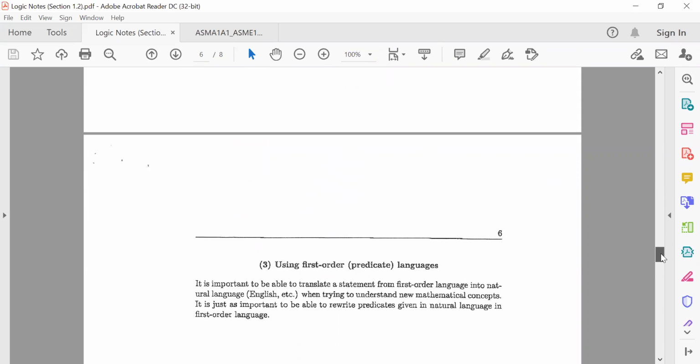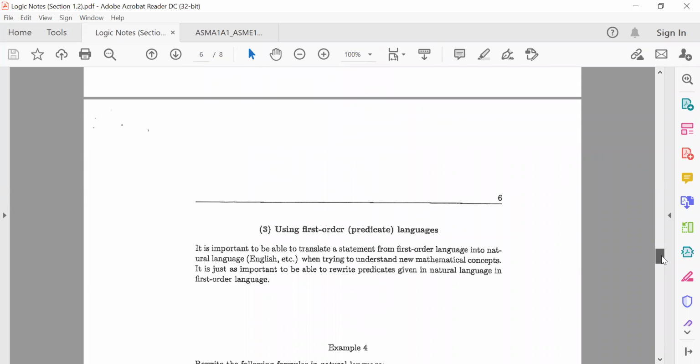Now let's discuss using first order language predicates. I'm going to emphasize the difference between first order language and natural language. It is important to be able to translate a statement from first order language, which is predicates, where you see those quantifiers and predicates, into natural language. Natural language is English, French, German, Portuguese, Zulu.